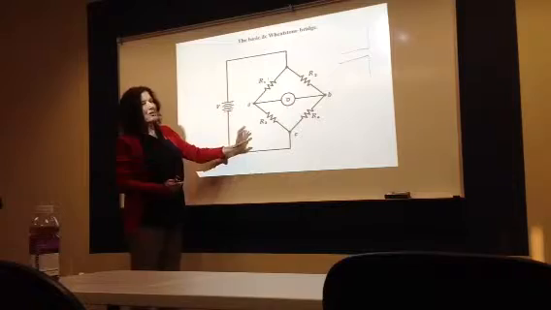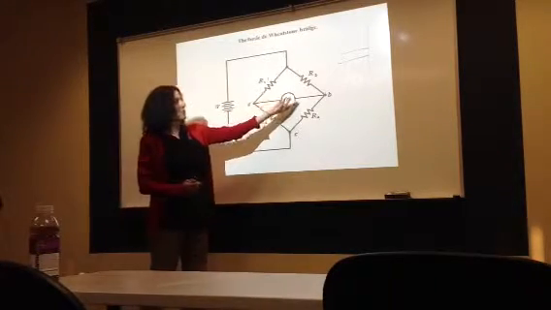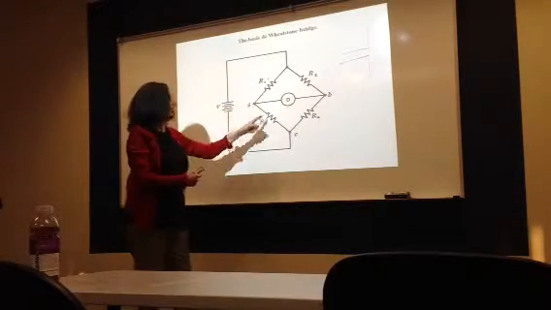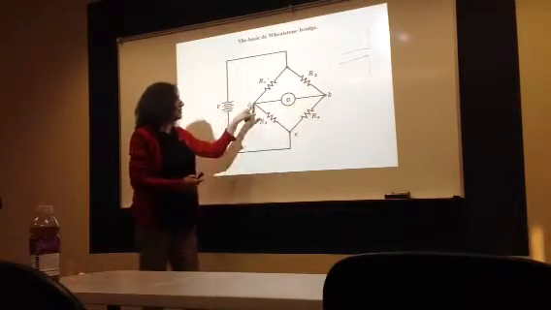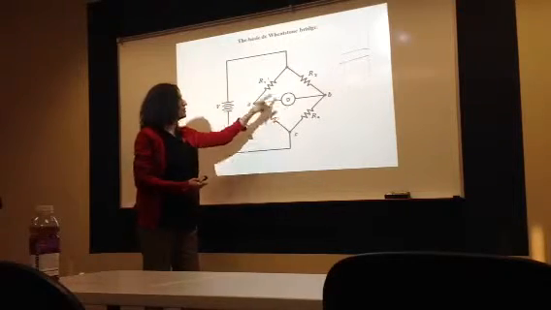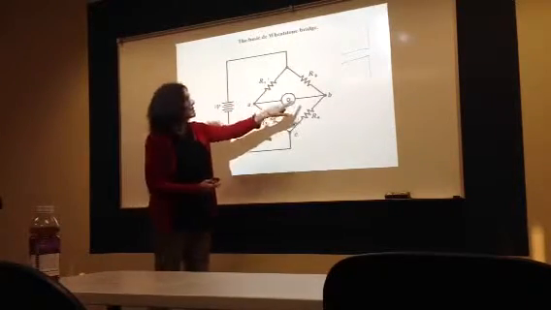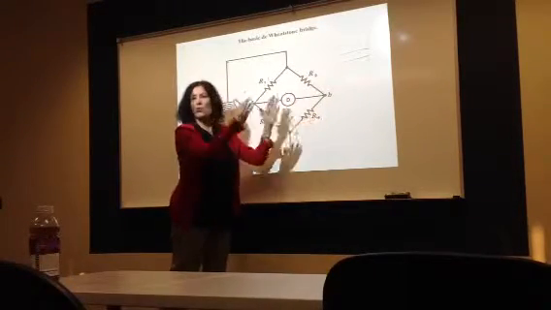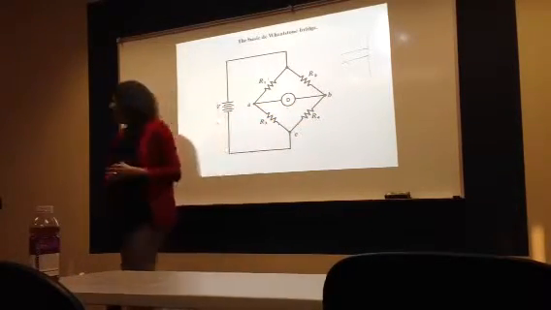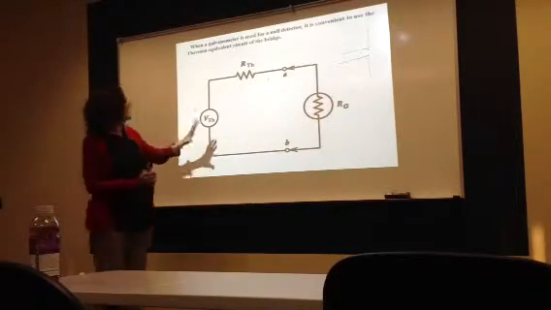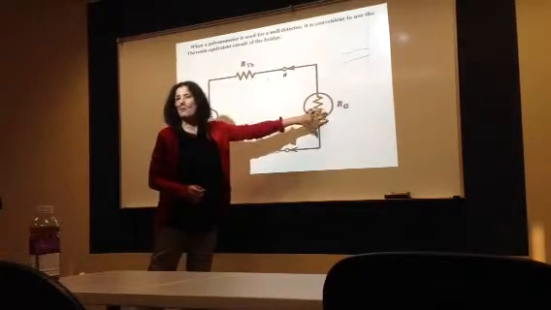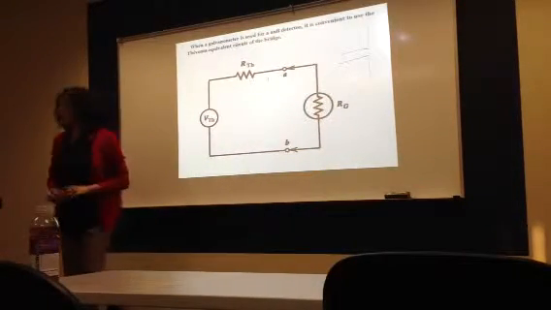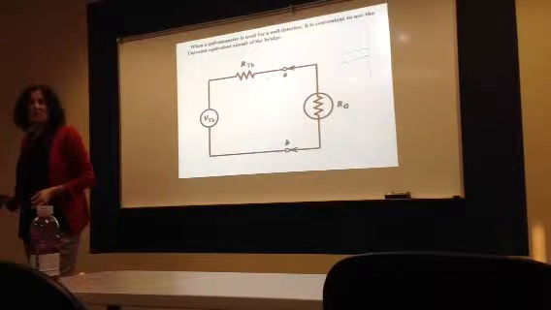Okay, how do we get V Thevenin? We open the galvanometer and look between A and B, and V Thevenin equals VA minus VB. What's VA? V times R3 divided by R1 plus R3. What's VB? V times R4 divided by R2 plus R4, and we get the V Thevenin. So we can analyze the circuit, put the galvanometer back with its resistance, and get the current or whatever. We did all of that, if you remember, right?